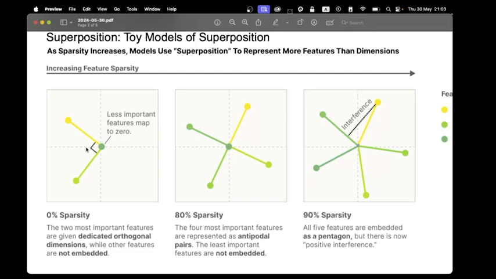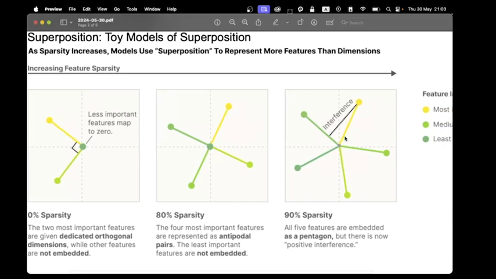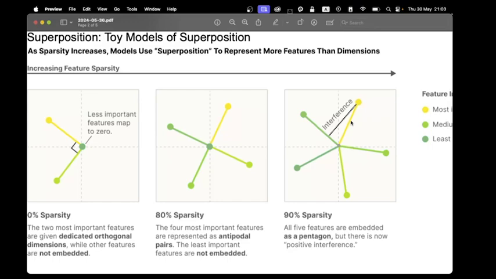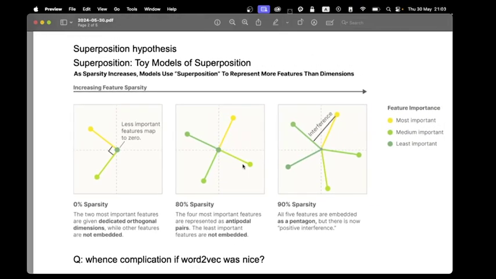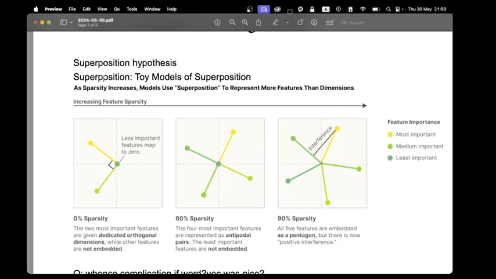But if the data is more complex than you can fit, then you can, at the cost of some error, use almost orthogonal directions. Is that all right? Yeah. And this is called the superposition hypothesis.